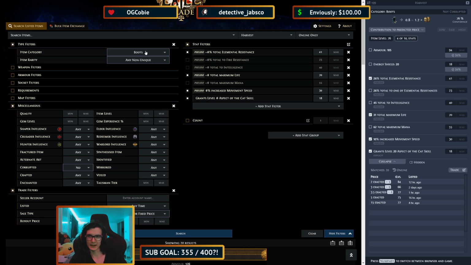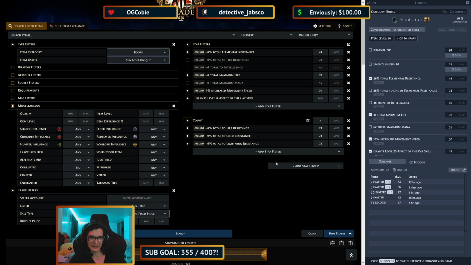Basically here, it asked for boots that were non-uniques, that were not corrupted, and they had to have a buyout or a fixed price, which means no unpriced items. It asked for a total of 41 resistance, which I asked here, a total of 70 life, which I asked here, a total of 30 movement speed, which I asked here, and finally the aspect of the cat. As you can see, it even rolled the 18 despite the fact that there is no range, it is always level 20.